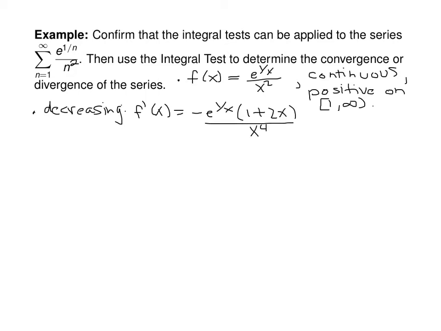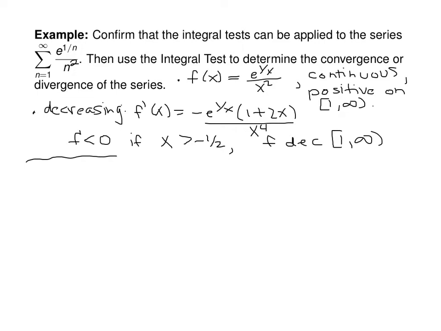That's after using the quotient rule and doing some simplification, but this is the derivative, and we have that f prime is less than 0 as long as x is bigger than negative 1/2 actually, so we know that f is decreasing on 1 to infinity.